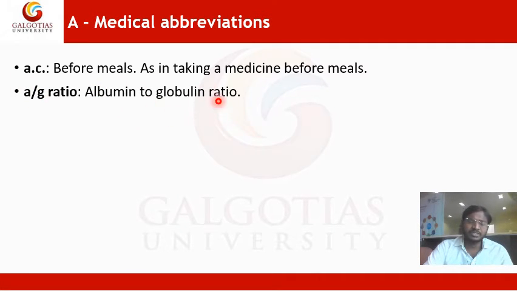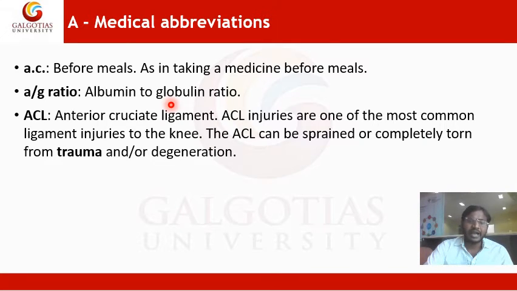This one you will understand clearly when you study it in second year. In your subject, there is also biochemistry. You can learn that. ACL, anterior cruciate ligament. Anterior cruciate ligament injuries are one of the most common ligament injuries to the knee.